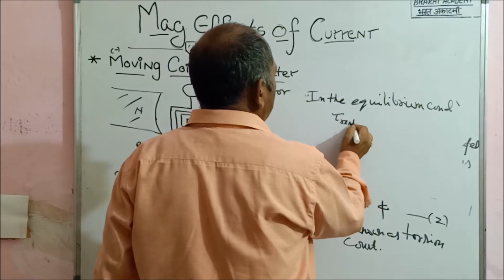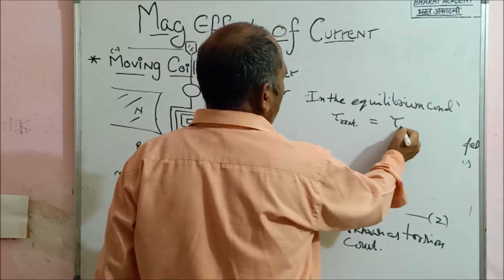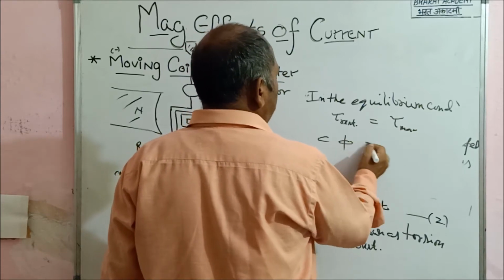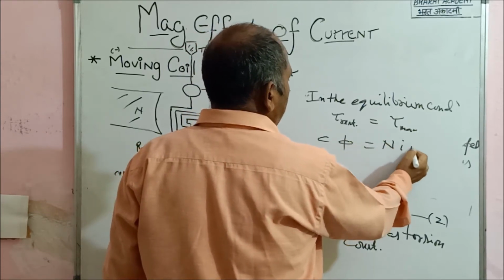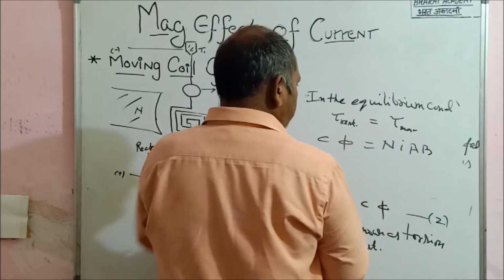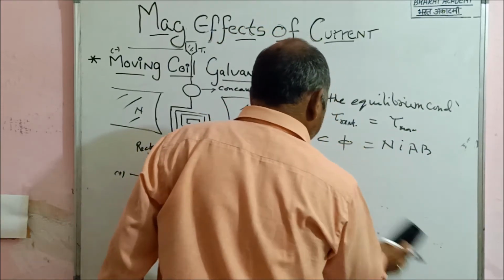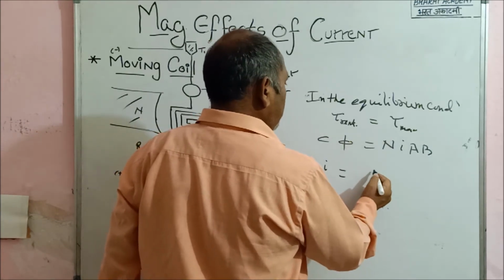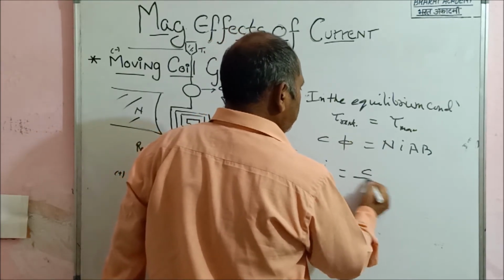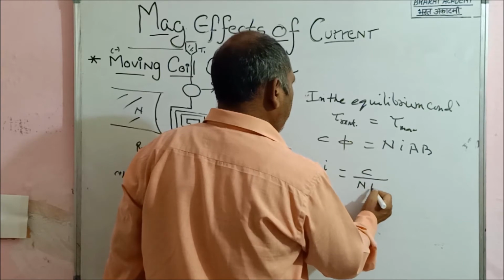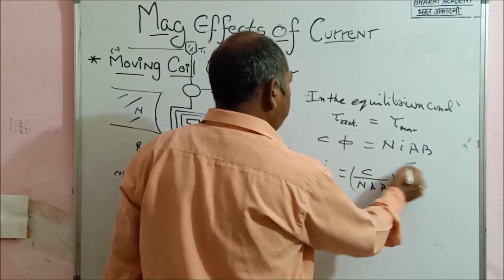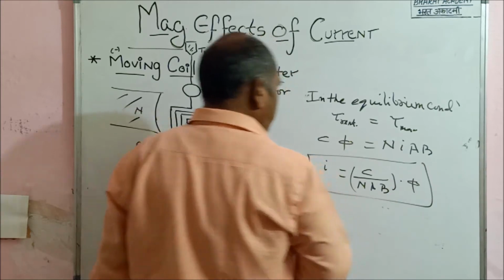The restoring torque just balances the maximum torque, or you could say Cφ equals NIAB, right? From this we can have I equal to C upon NAB into φ. This is the final expression, right?